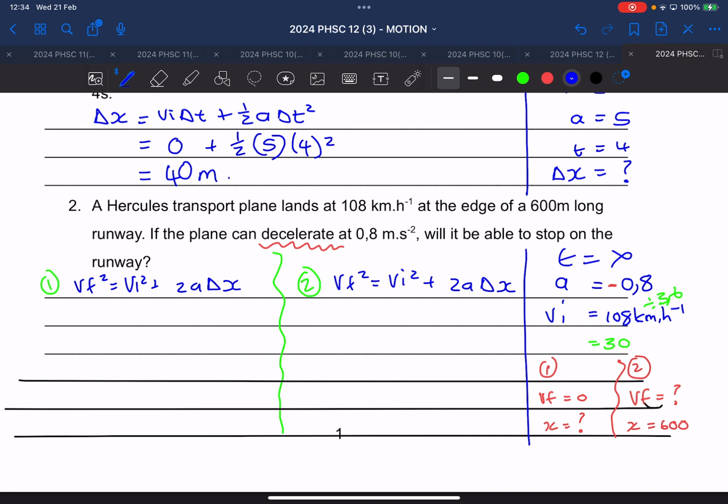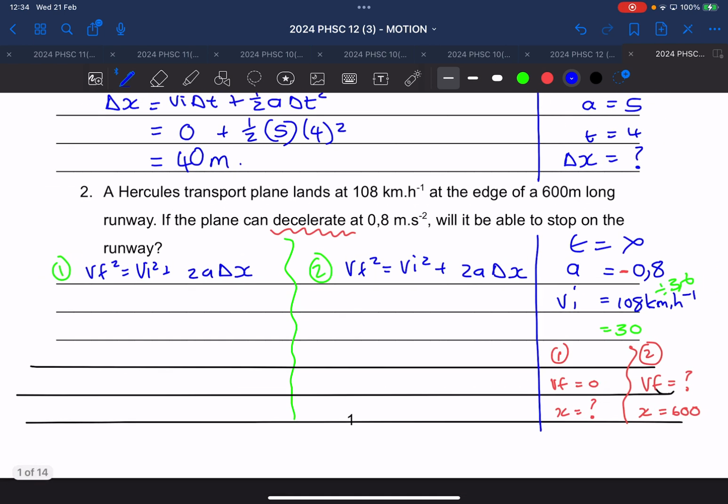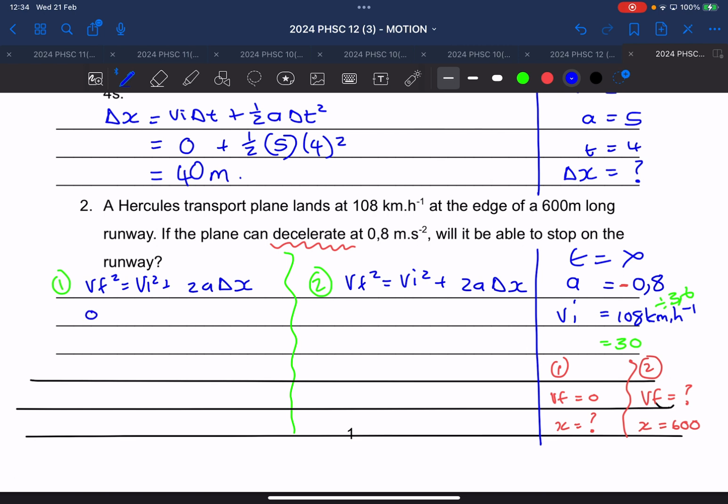So what's x? Right. For the first one, the final velocity is 0. The initial velocity is 30, so 0 equals 30 squared plus 2 times negative 0.8 times x, because it's coming to rest. Now we want to calculate x.